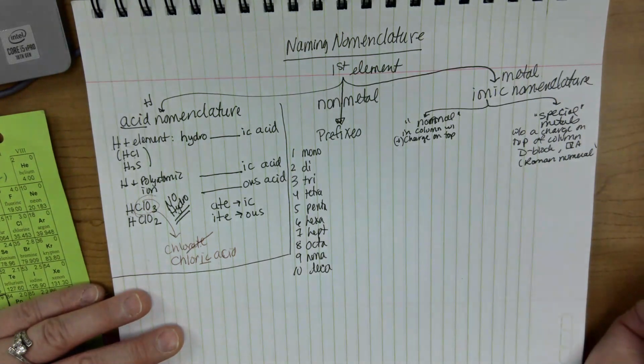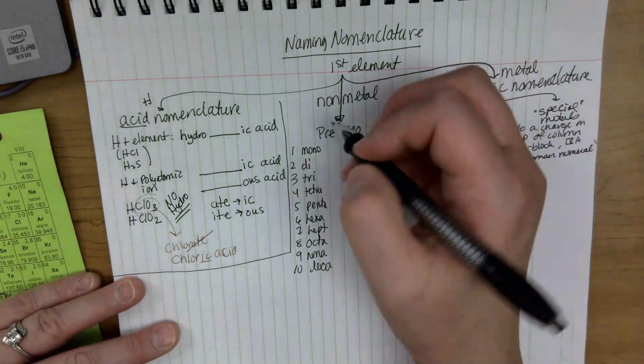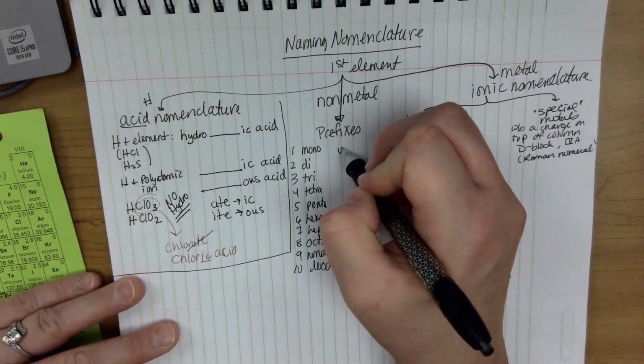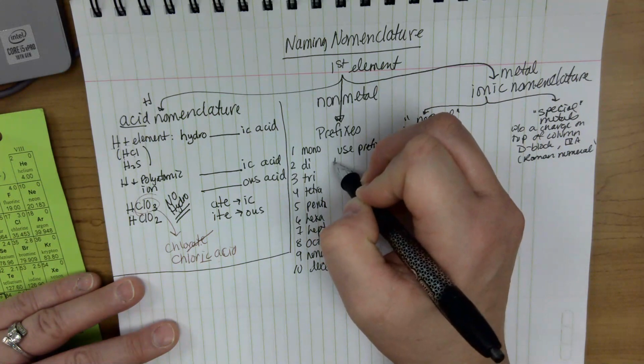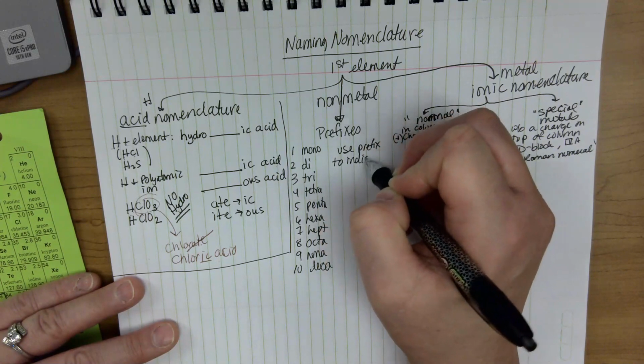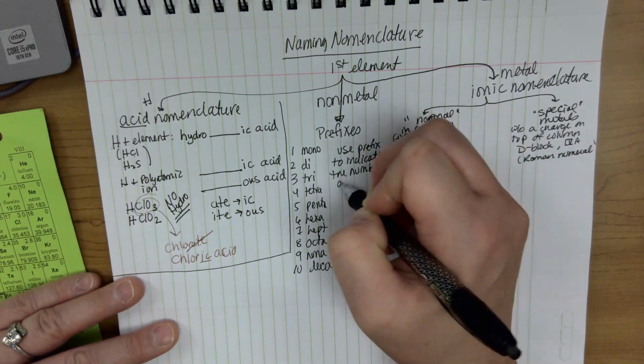Those are the prefixes. The prefixes tell me how many there are. So you use the prefixes to indicate the number of atoms.